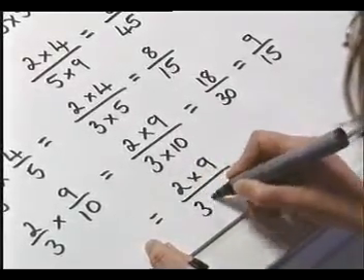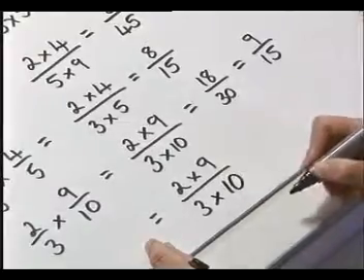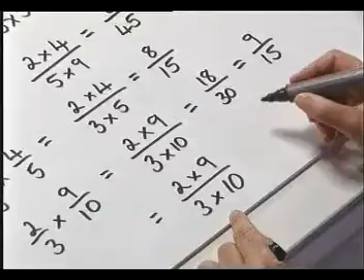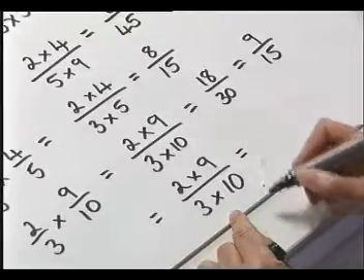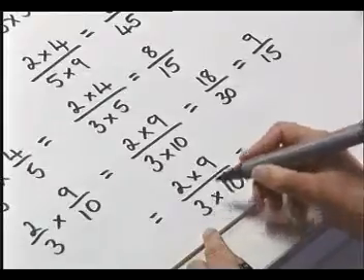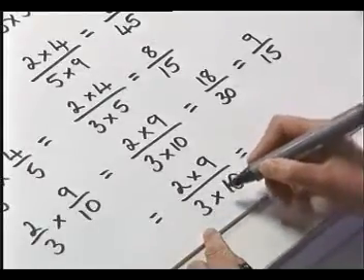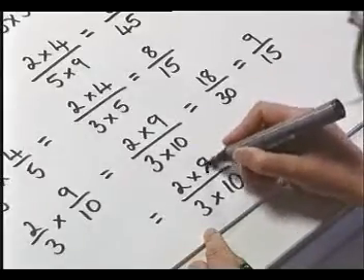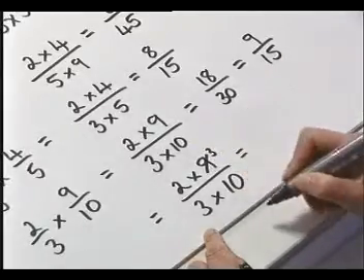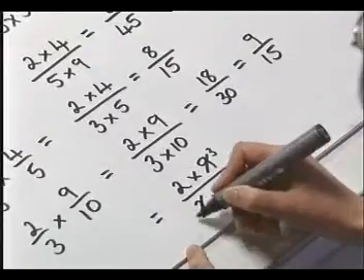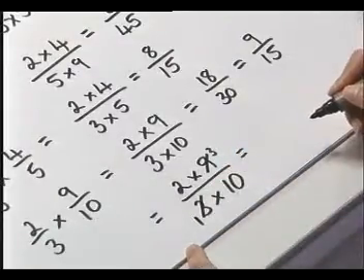If I write it out again, we could have avoided that, because what we can do is some cancelling before we actually do the calculation. We can see we've got a 9 here and a 3 here, so we can divide both the numerator and the denominator by 3. When we divide the numerator by 3, 3 3s are 9, goes 3 times. When we divide the denominator by 3, it goes once.